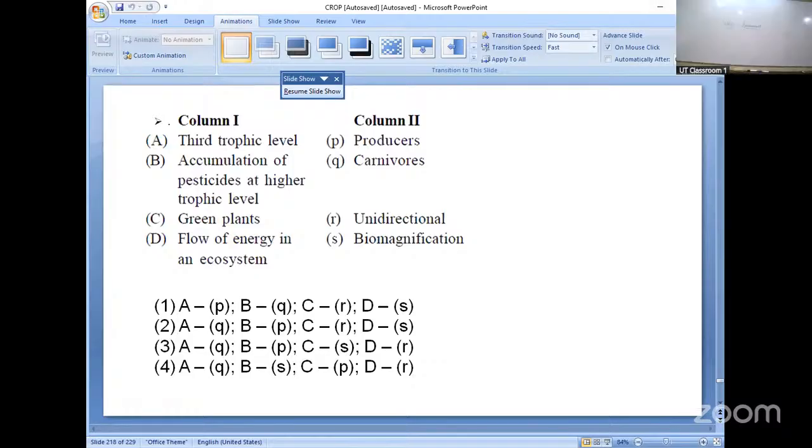First topic, this is the MCQ based, match the following.